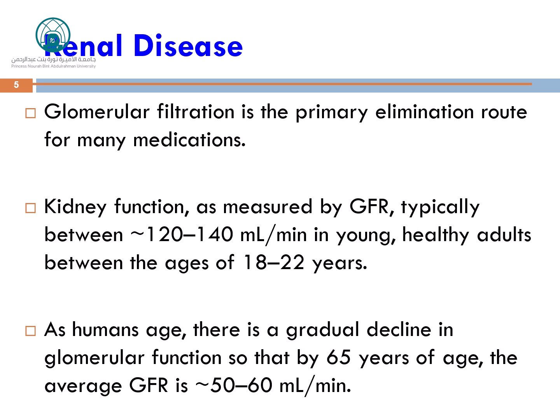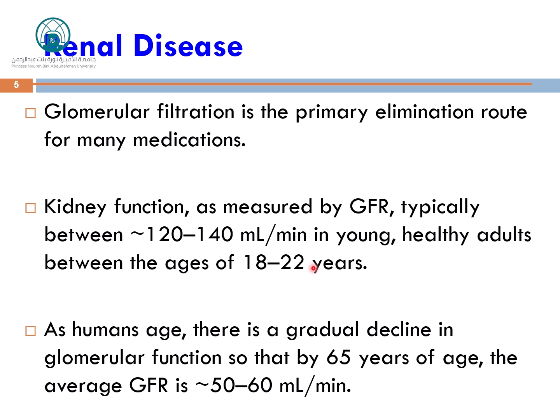So the kidney functionality is usually measured by determining the value of the glomerular filtration rate, which is typically between 120 and 140 milliliters per minute. Glomerular filtration from the glomerular tubes in the kidney. So it will be between 120 and 140 milliliters per minute in young healthy adults between the ages of 18 to 22 years.